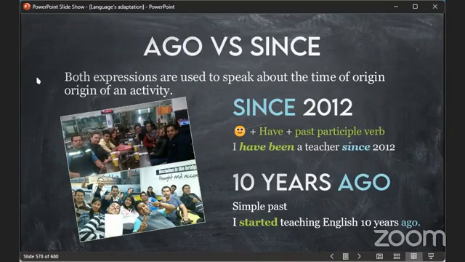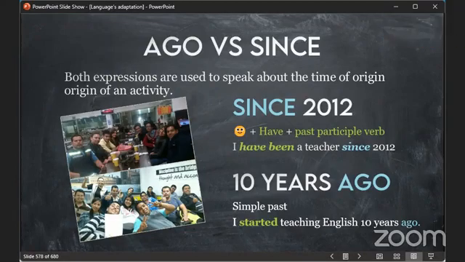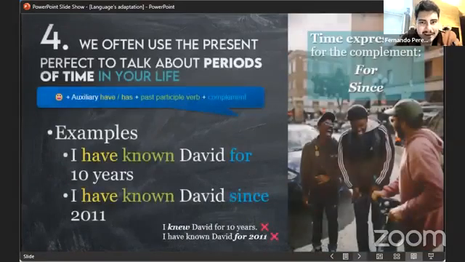Perfect. Excellent. 30 years ago. That's correct. Very, very good. This is the most important difference between for, since, and ago.